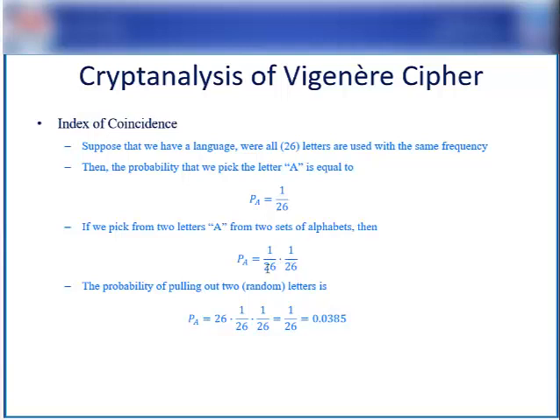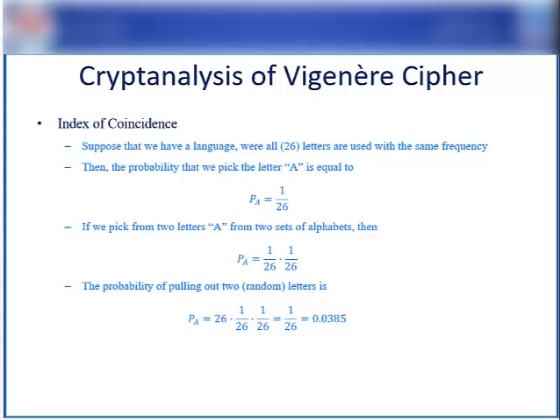That is, from one alphabet we have one chance out of 26 that we pick the letter A, and from the second alphabet we again have one chance out of 26 that we pick the letter A. So the probability that we pick two letters A is the multiplication of these probabilities.